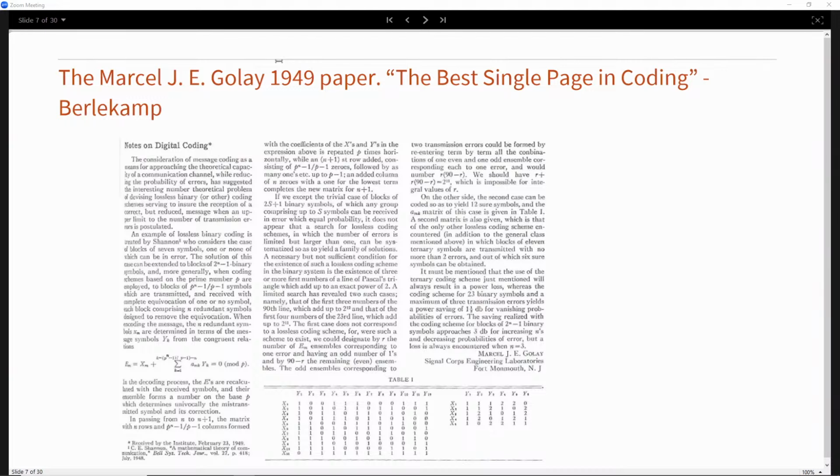So that sort of leads me to one of the most influential pages in all of mathematics, the Golay 1949 paper on digital coding. In radio signals, they often had problems with data corruption.